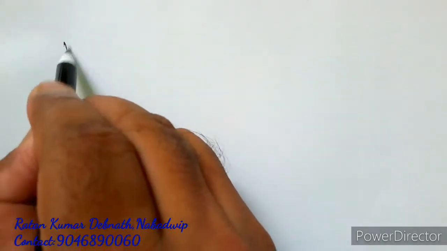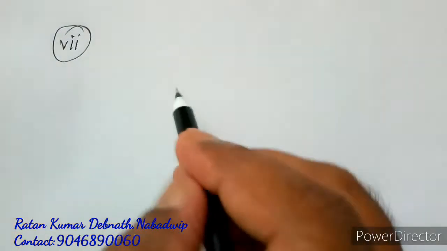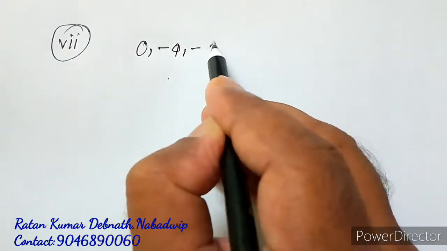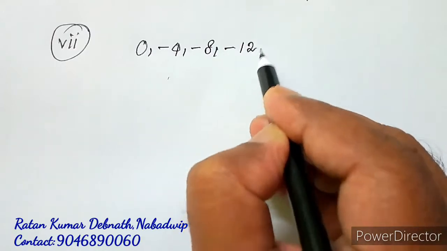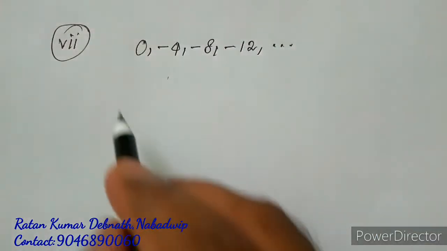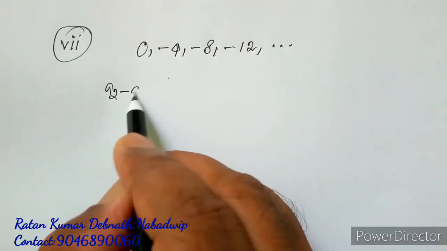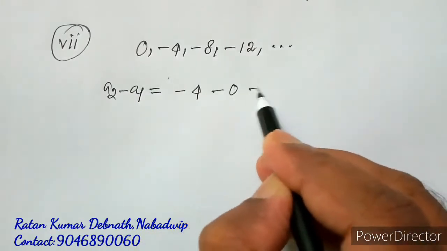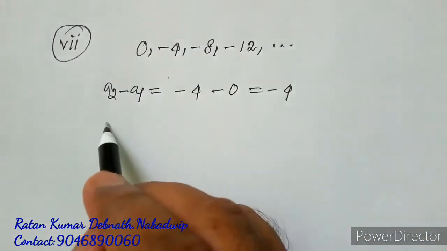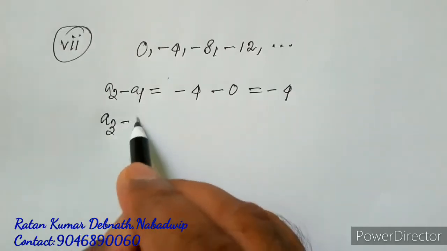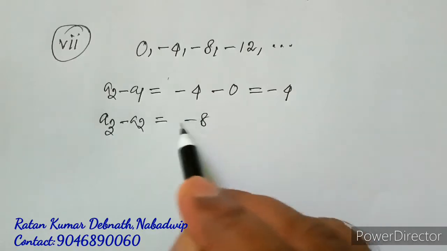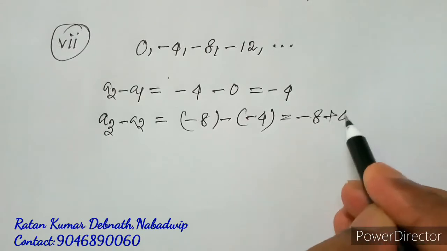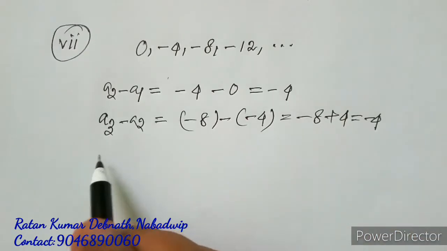Question number 7 of 4. The numbers given here: 0, minus 4, minus 8, minus 12, etc. Now a2 minus a1, that is second term minus first term, means minus 4 minus 0 results in minus 4. a3 minus a2 means minus 8 minus of minus 4, minus 8 plus 4 results in minus 4.